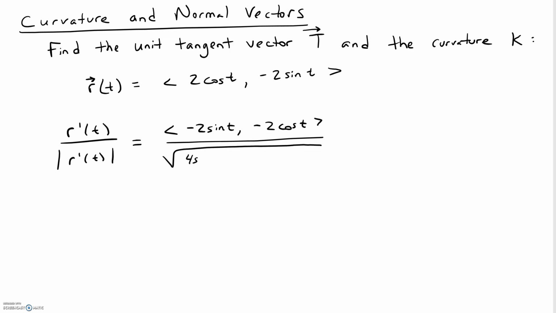So we would have 4 sine squared of t and 4 cosine squared of t, and then take the square root of that quantity. We'll notice in the denominator, sine squared plus cosine squared equals 1, and the square root of 4 is 2, so that simplifies rather nicely to a unit tangent vector of negative sine t and negative cosine t.